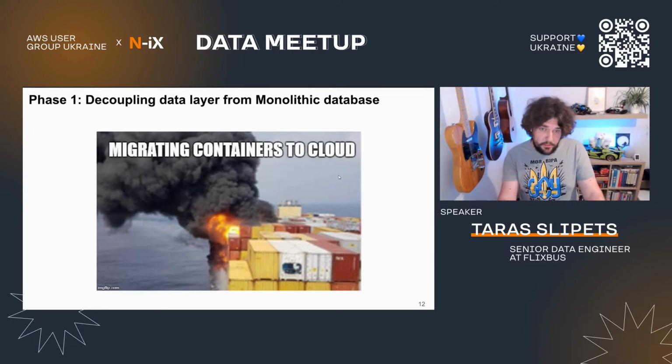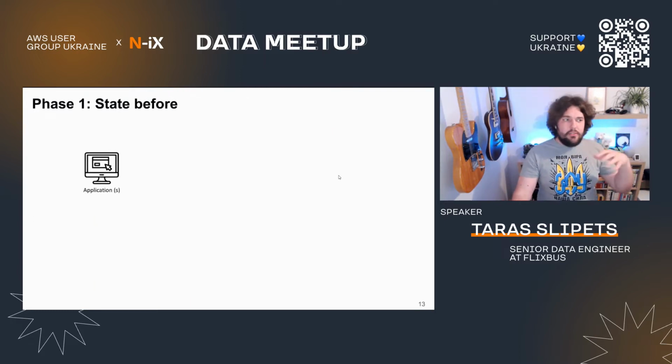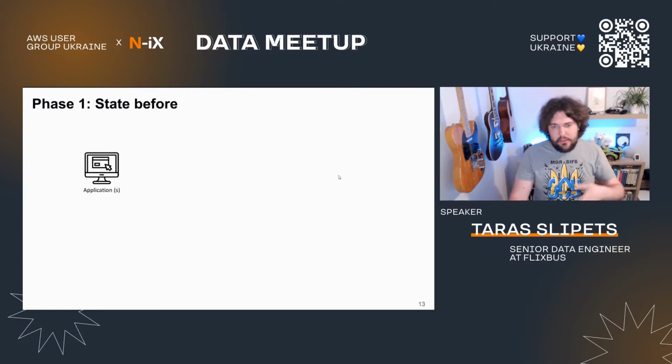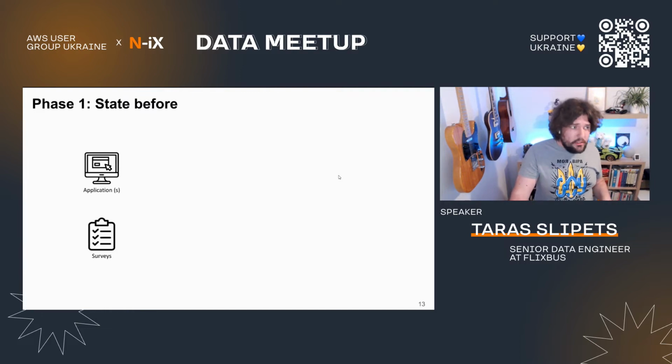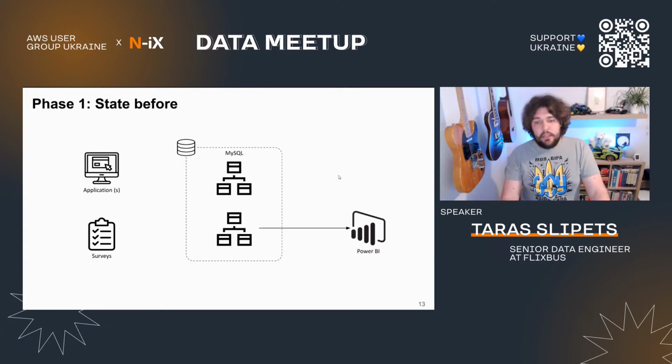However, there are other options. To depict what we had before we started, we had a monolithic multi-module application, a legacy survey tool, and a monolithic database with multiple schemas, luckily, and of course the reporting tool on top.